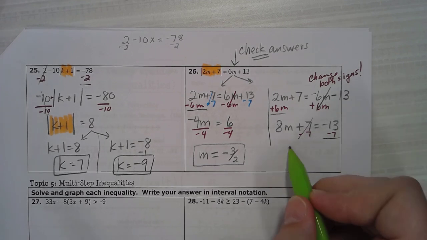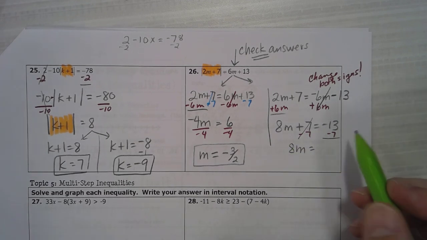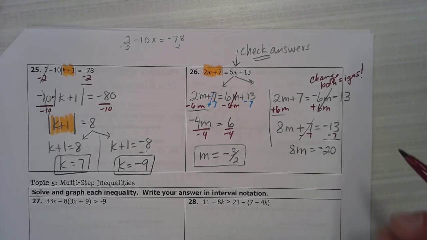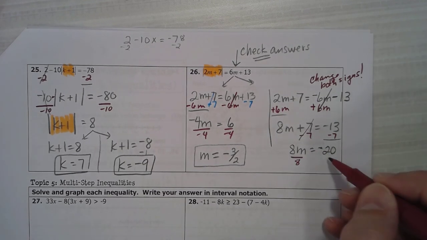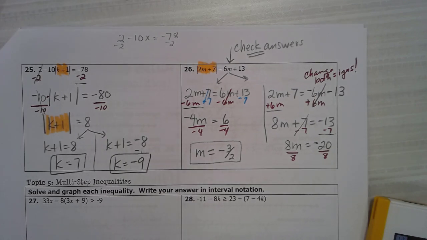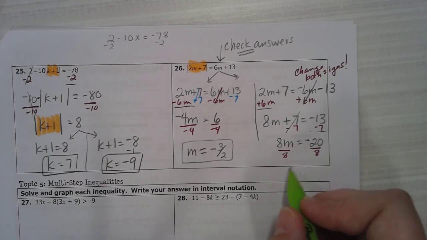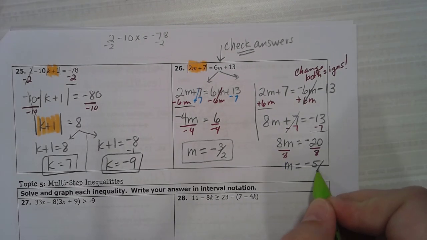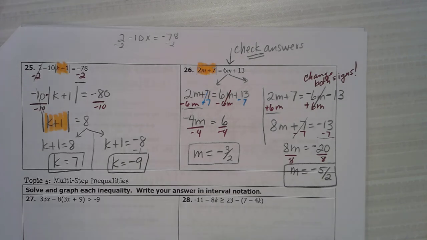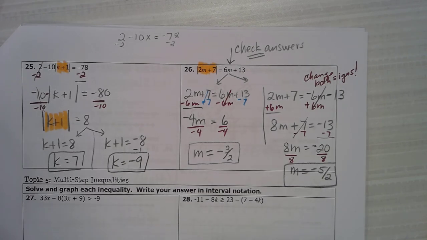Somebody distracted me at the door. 8m equals, what's that, negative 20? So negative 20 divided by 8 is negative 5 over 2. Possible answer.